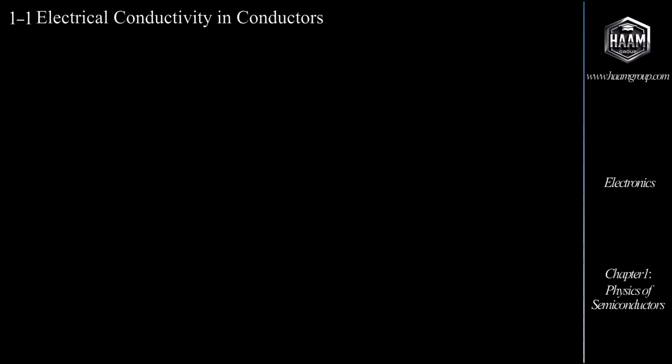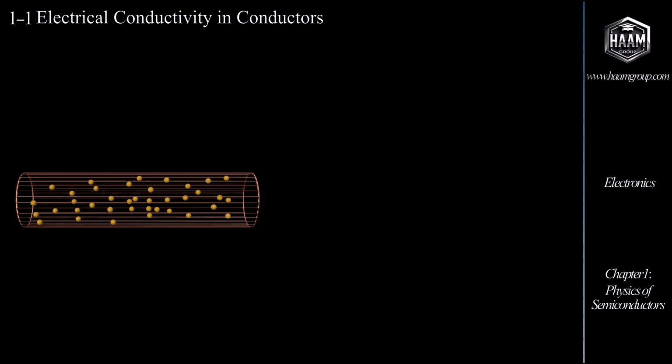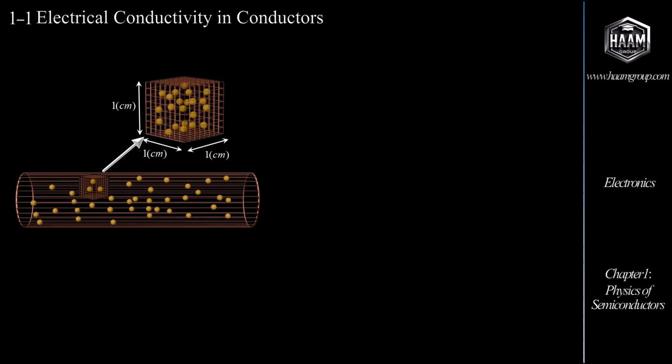As discussed, in conductors at normal temperature, a large number of free electrons exist per unit volume. As a numerical benchmark for conductors like copper, if we consider a volume of 1 cubic centimeter, that is a cube with sides of 1 centimeter, the number of these free electrons is on the order of 10 to the power of 23.